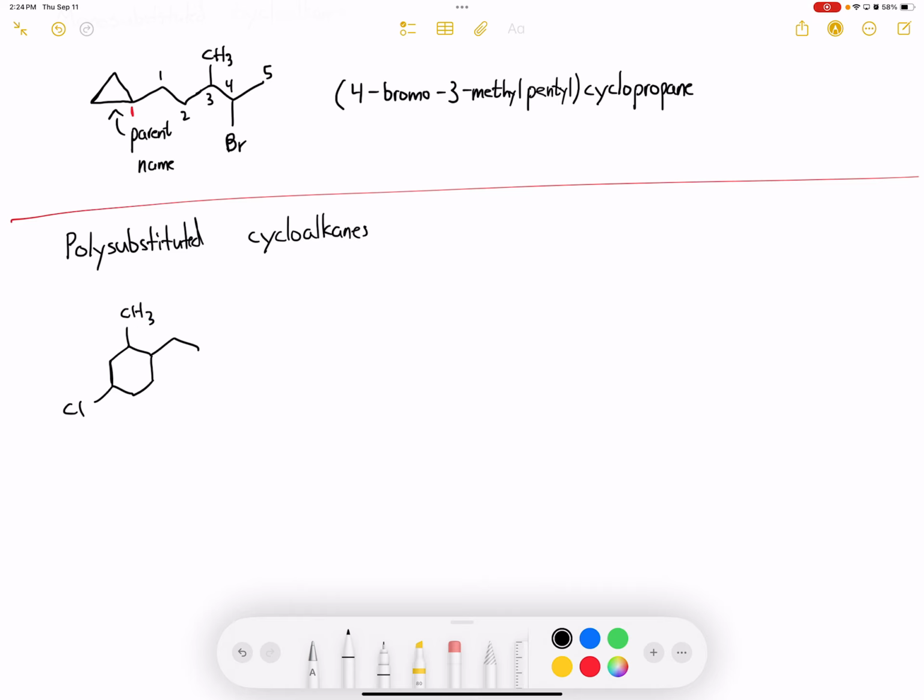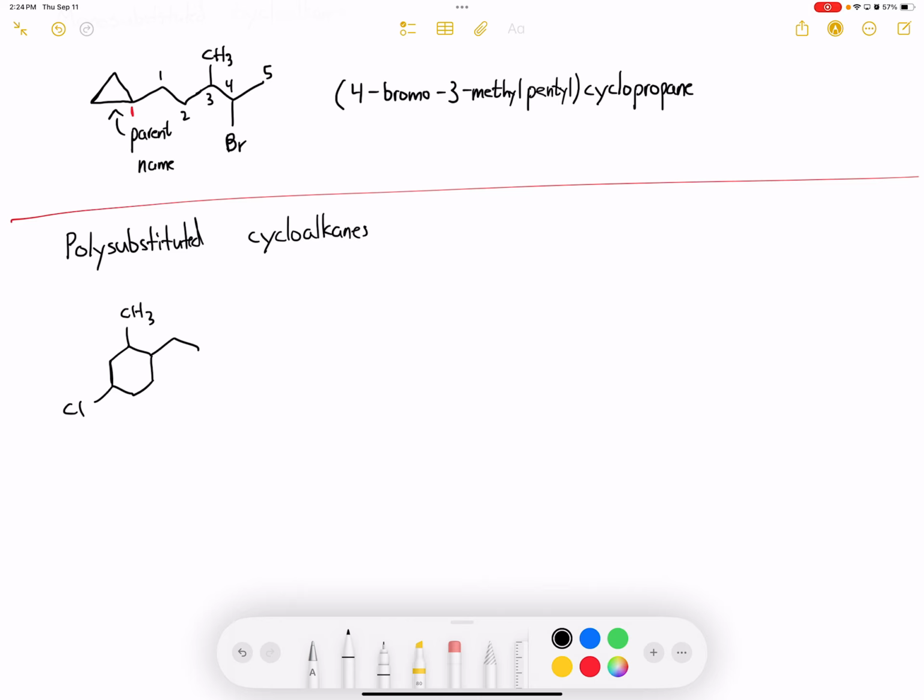So you have a few options. You want to number in a circular fashion, right, where all the substituents have the lowest number. So which one should get the 1? The chlorine? No. We might think it's chlorine though, right?